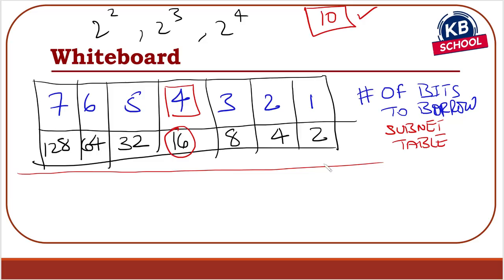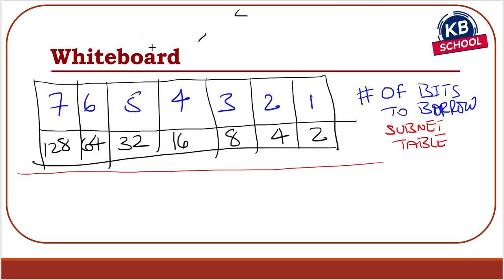Now to figure it out, again, right to left, if you need an X number of networks, let's say we do another example over here. I needed, let's say, 25 networks. If I needed 25 networks, if I borrow 4 bits is not good enough. I need to borrow 5 bits. I'll get 32 networks, which is more than what I need, but it's okay because 4 would not give me enough networks. So I need to borrow how many bits? The corresponding number of bits need to be borrowed.